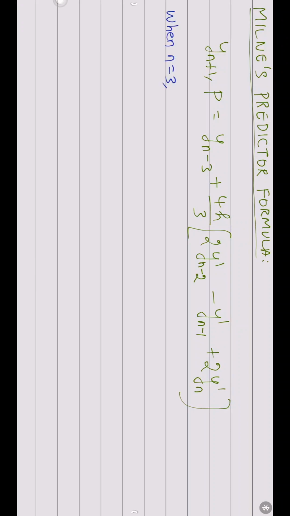When we put n equal to 3, we will have y4, p equal to y0 plus 4h by 3 into 2 times y1 dash minus y2 dash plus 2 times y3 dash.